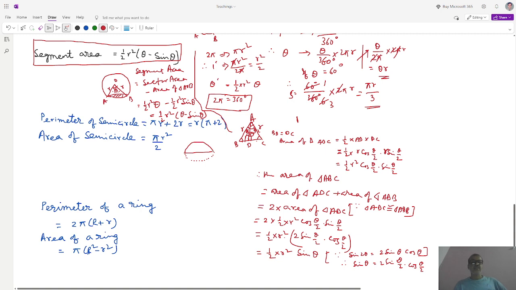But if you give this answer, then you have made a mistake, because in the perimeter of semicircle the length of the diameter is included.